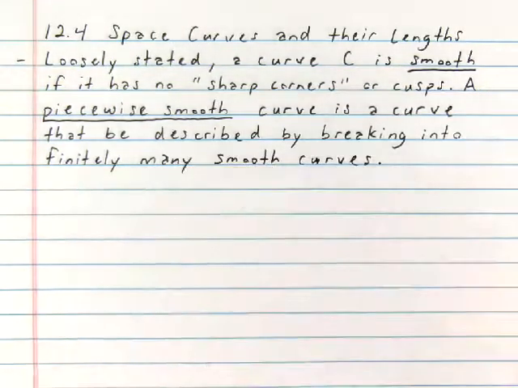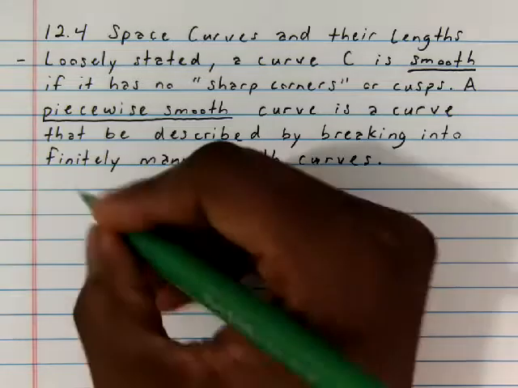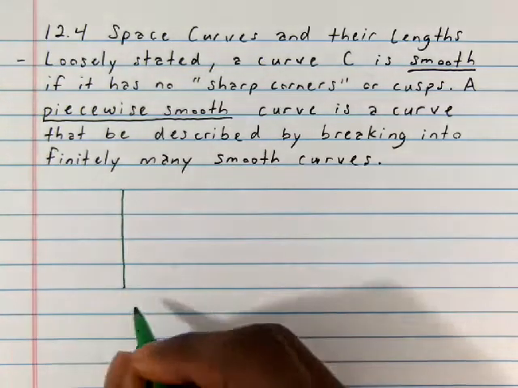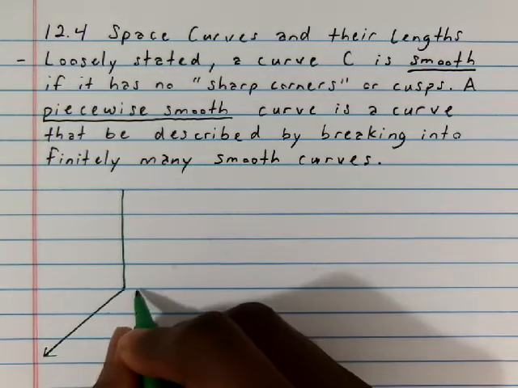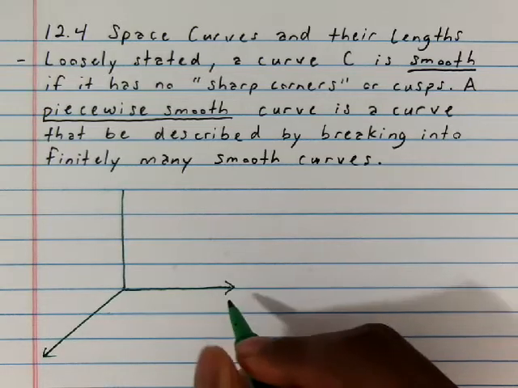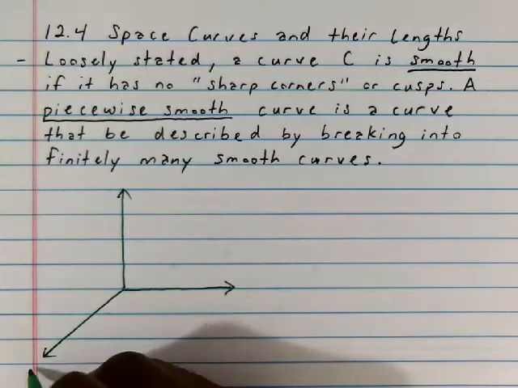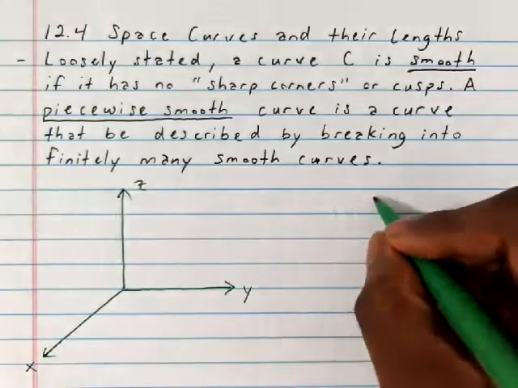So let's say we have our set of coordinate axes. And I'll sketch a smooth curve on here, and I'll sketch a piecewise smooth curve on another set of coordinate axes.